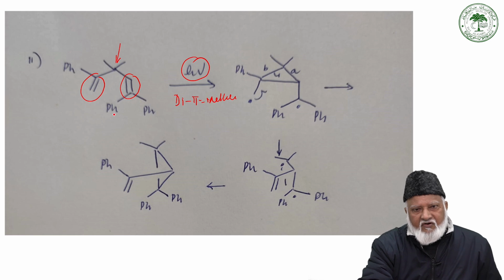The basic criterion for di-pi-methane is two double bonds separated by a methylene group, which under photolytic conditions can give rise to the cyclopropyl-derived 1,4 diradical.